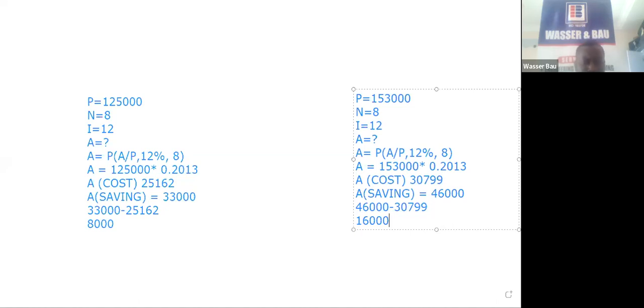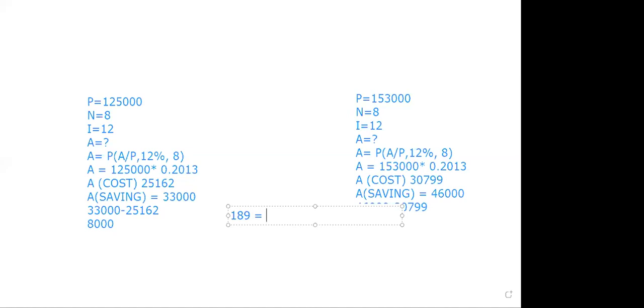Like yesterday I was watching CNN. They said the cost of producing 1 megawatt of energy from nuclear is $189. Yes, I saw it on Al Jazeera, not CNN, sorry, because France produces 70% of their energy through nuclear, while Germany is shutting down their nuclear. Al Jazeera said $189 per megawatt.